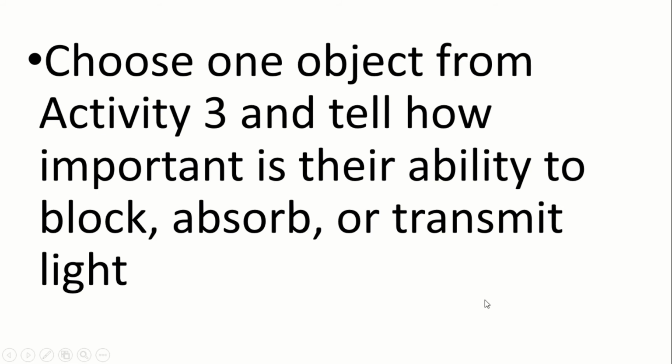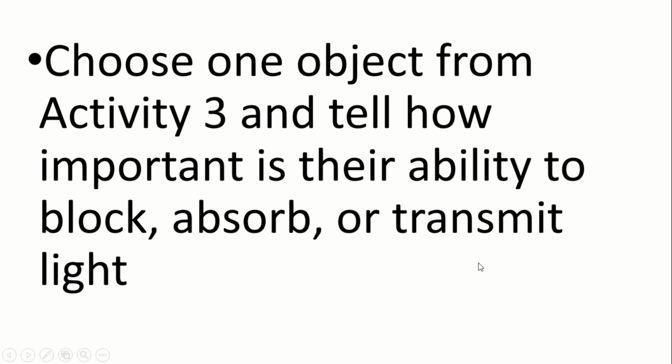Okay, now how about another answer? Okay, very good. Yes, correct. The umbrella is blocking the light. Okay, very good. So that we will be protected. Okay, so that is the correct answer.